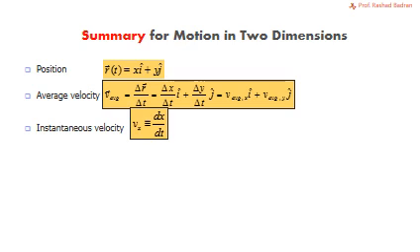And the instantaneous velocity along the x-axis is the derivative of the position x with respect to time, while the velocity component along the y-axis is the derivative of the position y with respect to t.